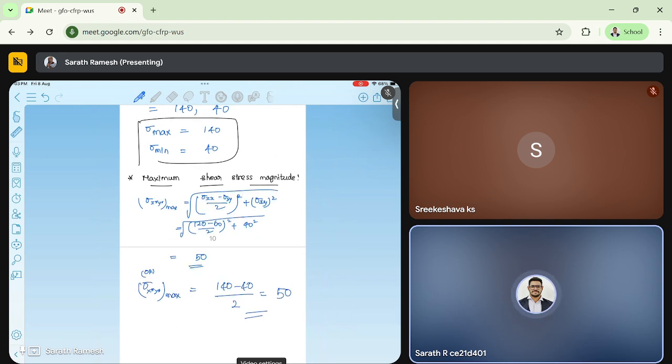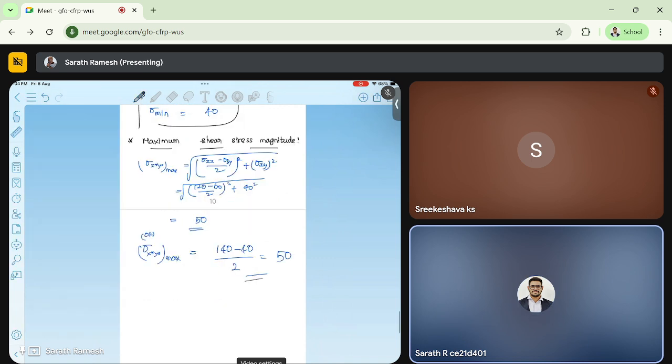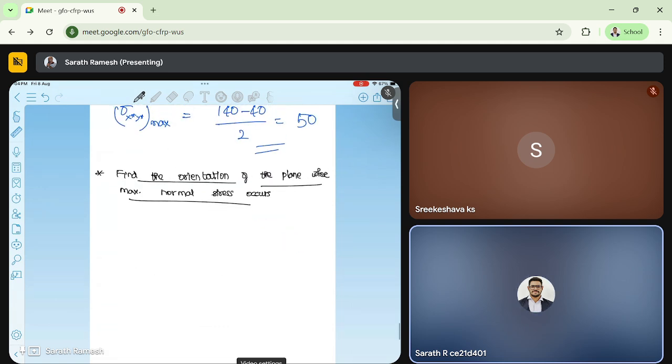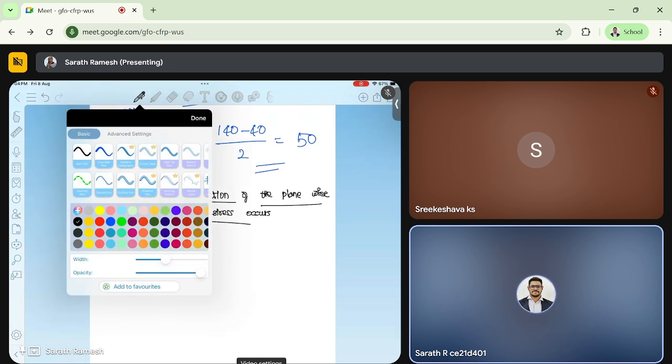Okay. And the next question. They are asking to find the orientation of the plane where maximum normal stress occurs. So what is the orientation formula?